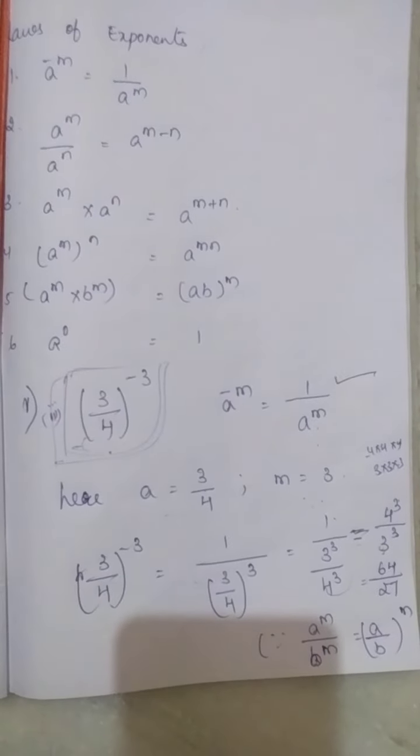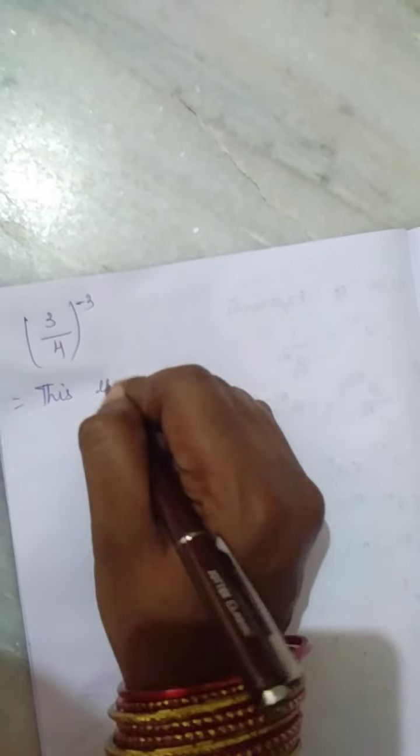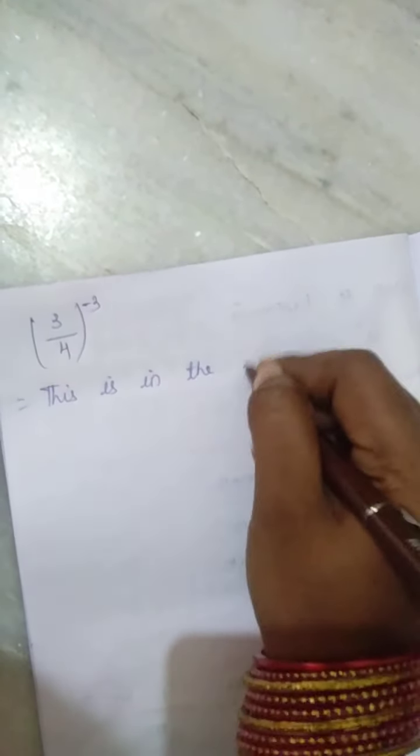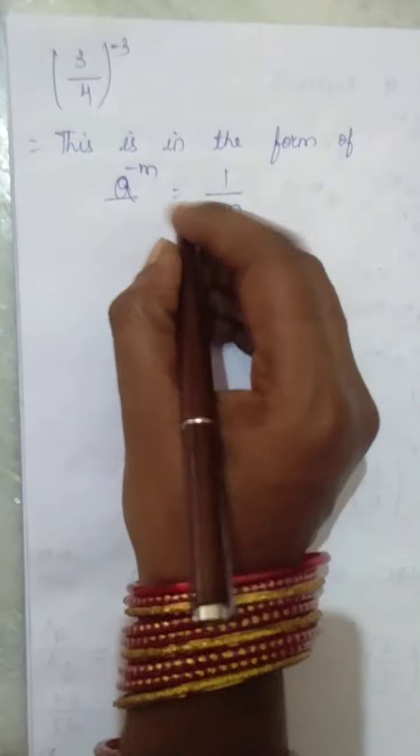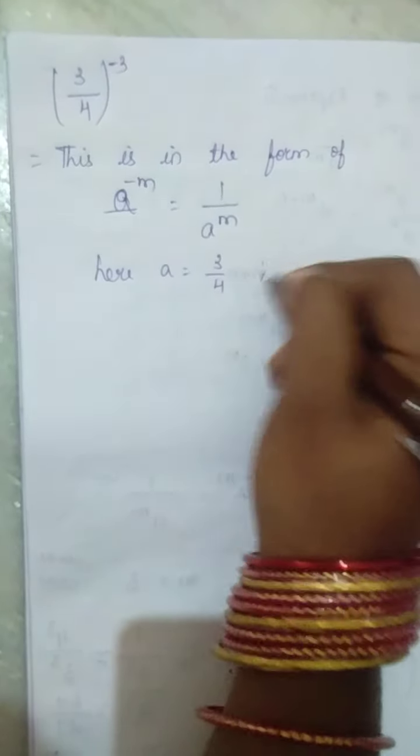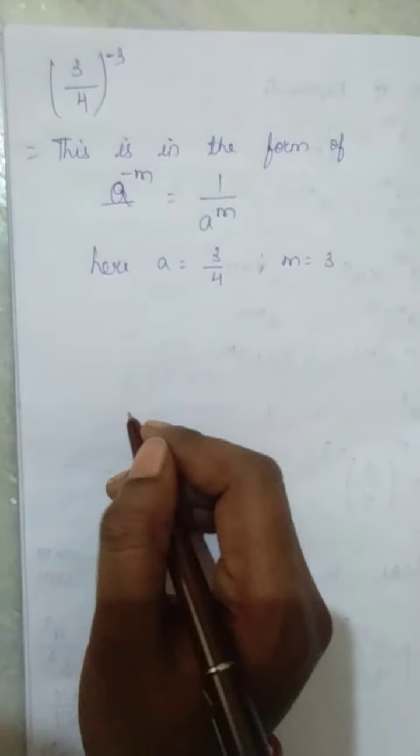Clear? Are you getting? See, I will tell you clearly one more time. 3 by 4 whole to the power of minus 3. Okay, this is in the form of a power minus m, equal to 1 by a power m. Actually, this is your formula. Clear? This is your formula. Now, here a equals 3 by 4 and m equals 3.